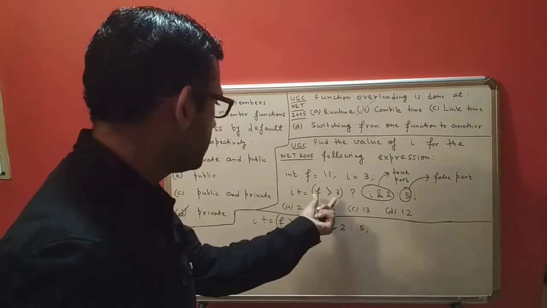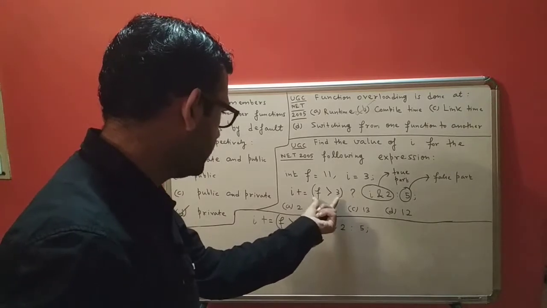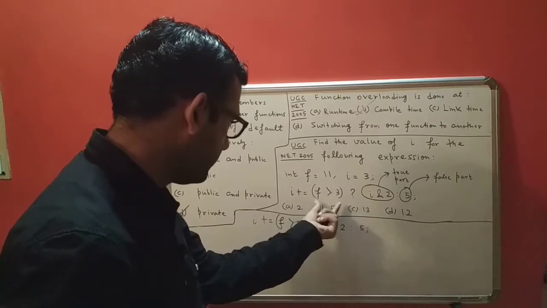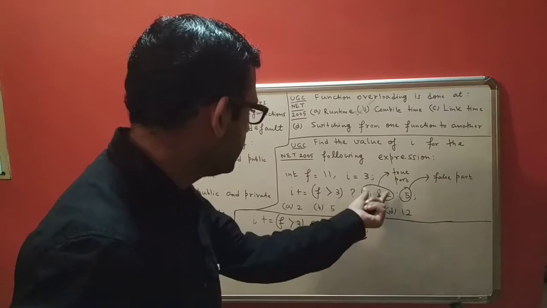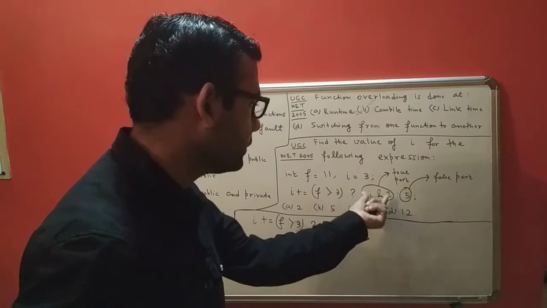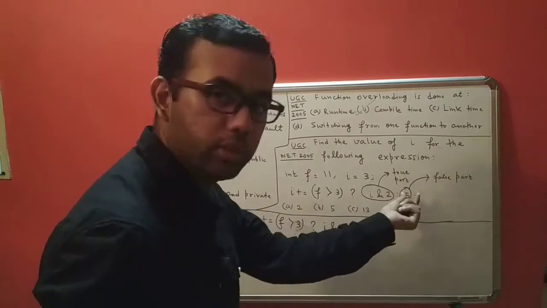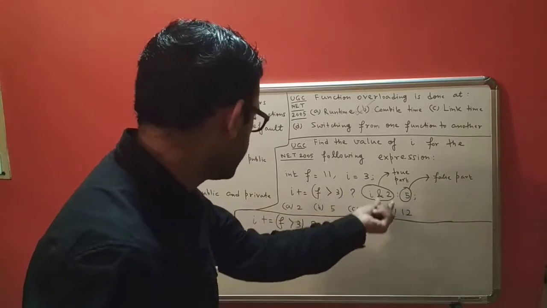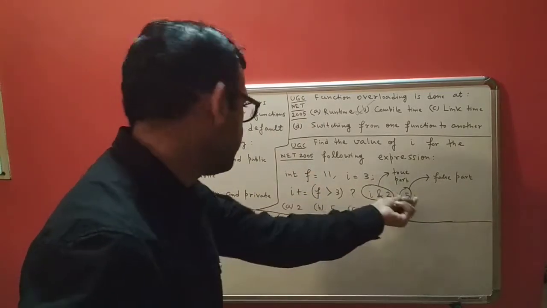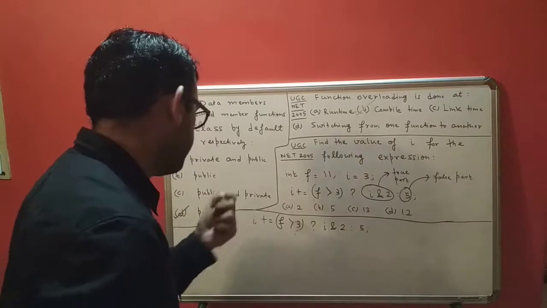So if the result of this conditional statement comes out to be true, then the true part will be executed, otherwise it will come to the false part. And that true part or the false part will be assigned to the variable on the left hand side.